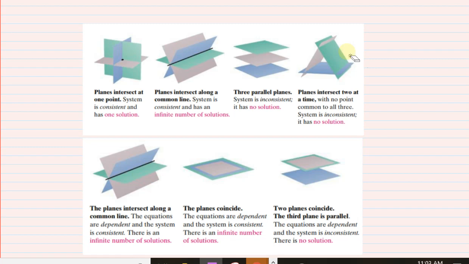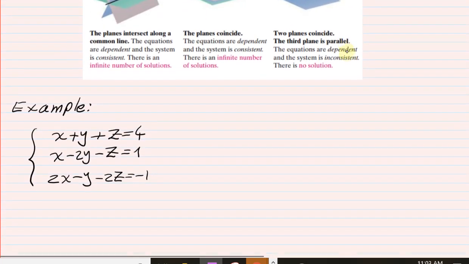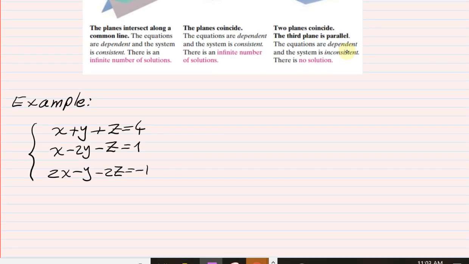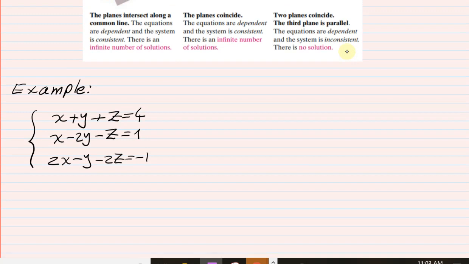So let's take a look and see how we're going to solve a system using 3 equations and 3 unknowns. Here's what a typical system of 3 equations looks like. We're going to look at the substitution method. Now don't worry about the graphical method.